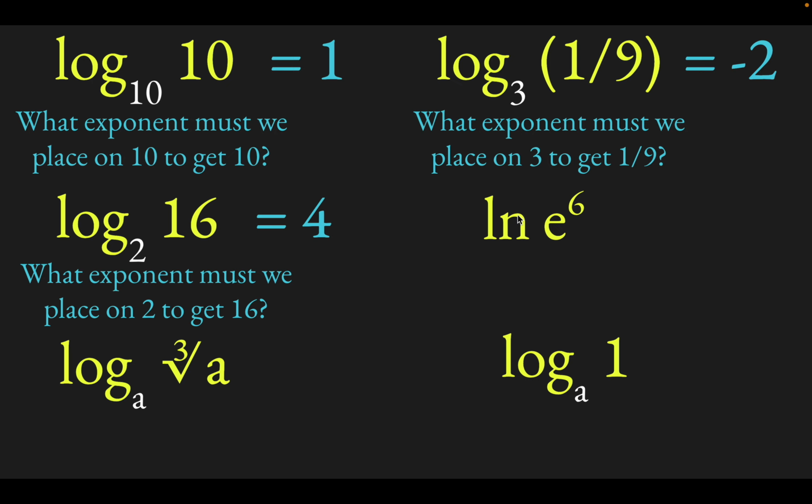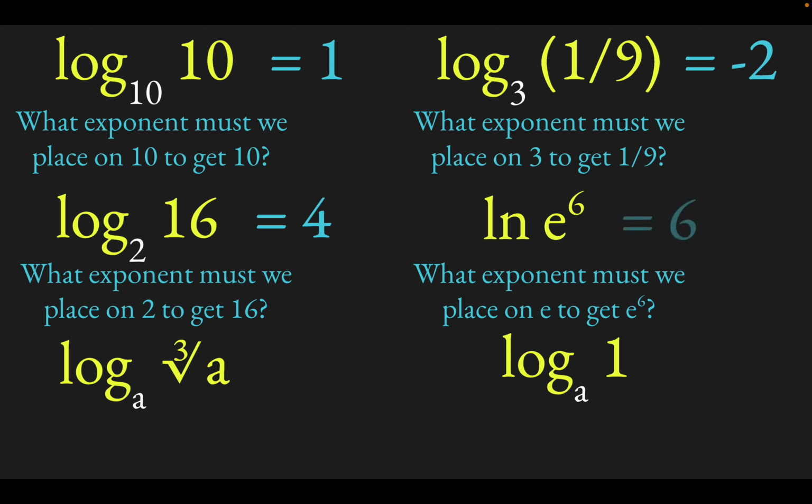Next, we get ln of e to the 6. Whenever you see ln, natural log, that is log base e. So it's saying, what exponent must we place on e to get e to the 6th? Well, I would just place a 6 on e to get e to the 6th. So the natural log of e to the 6 is just 6. Now, here we have log base a of cube root of a.